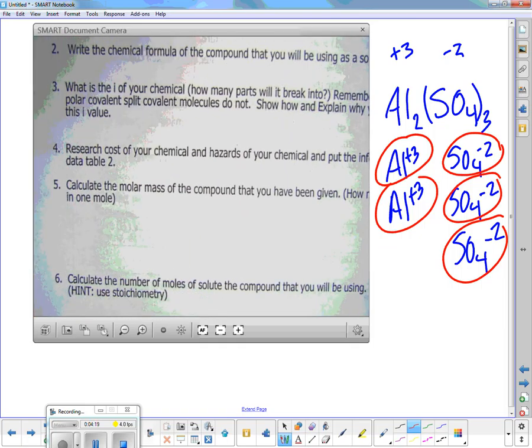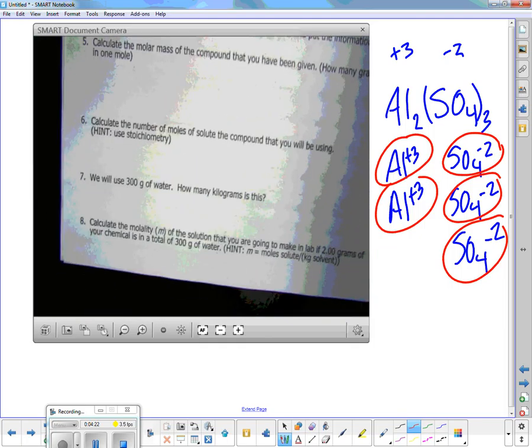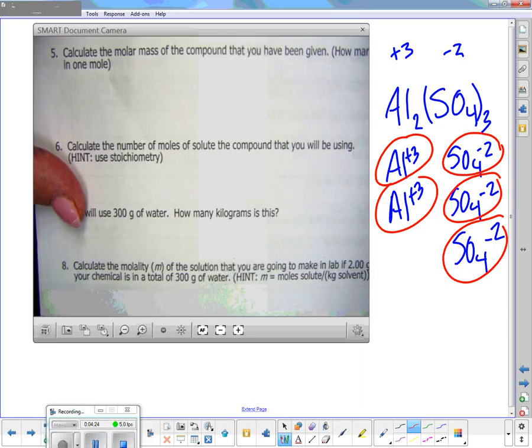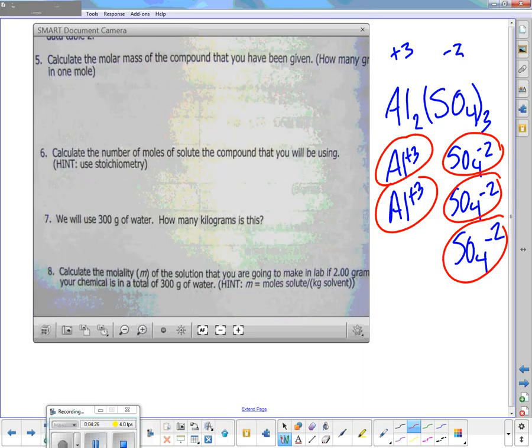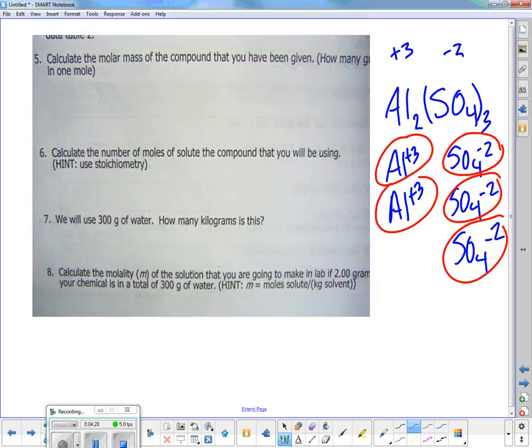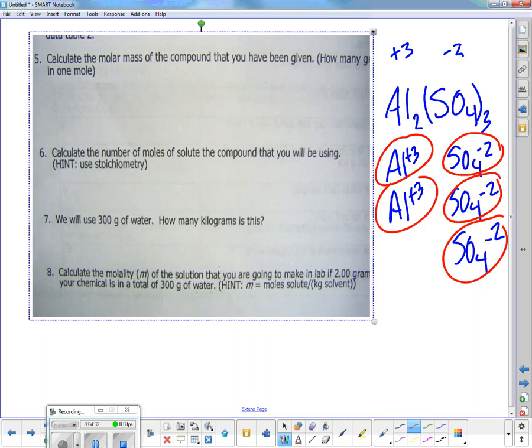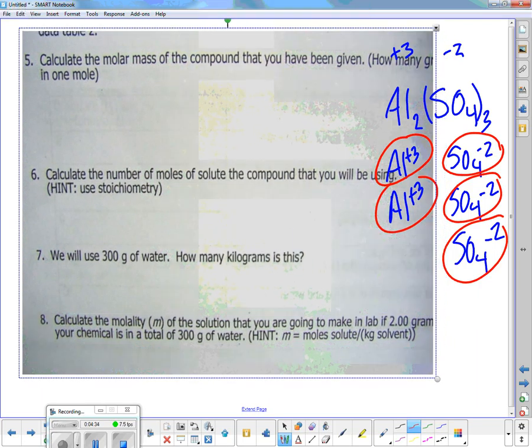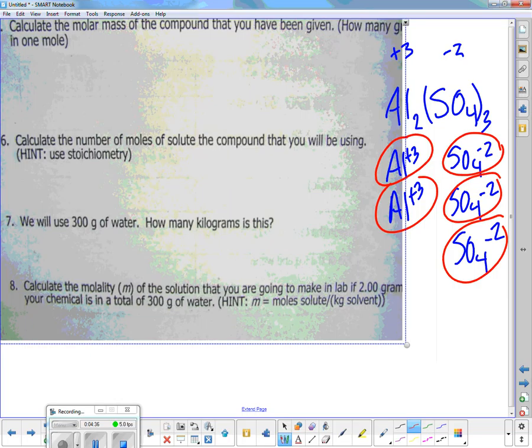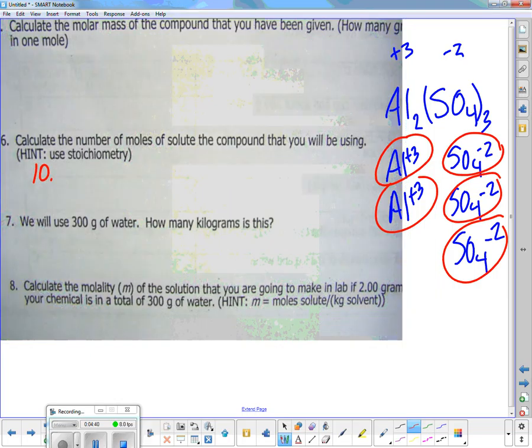Then this next part, I'm going to come down here just a little bit, and I'm going to actually take a picture of this, because on this next one we actually changed this. I'm going to enlarge this a little bit. We changed that we did 10 grams, and actually it should have been 10.0 grams of your salt, whatever it was, right?